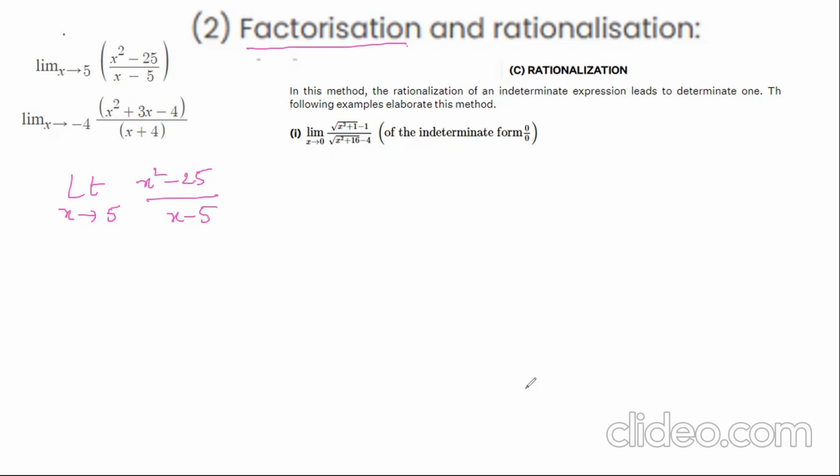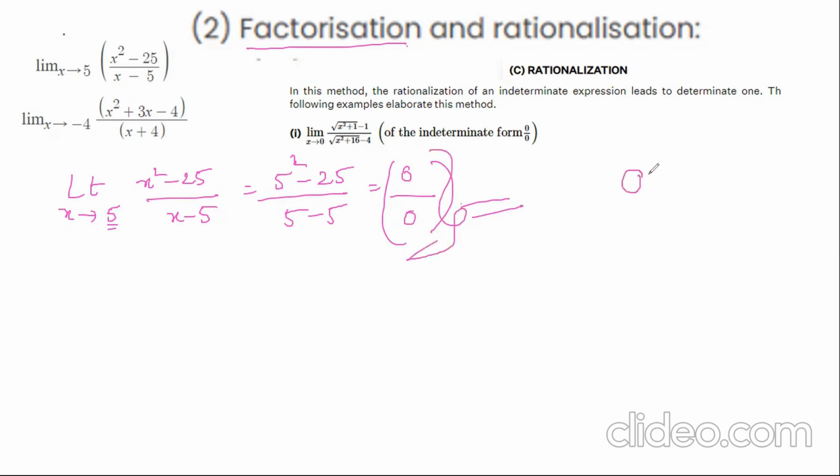So if you do direct substitution, what happens? Why are we going for this method? That is the question, right? We can directly substitute it, no? Let us observe in this example. As x tends to 5, what value are you getting? 5 square minus 25, by 5 minus 5. What are you getting? 0 by 0 form, right? So the limit cannot be defined.